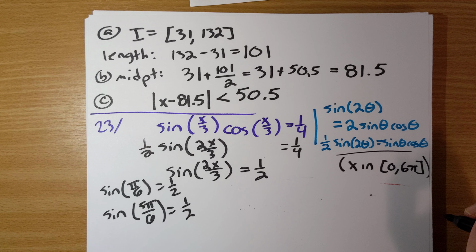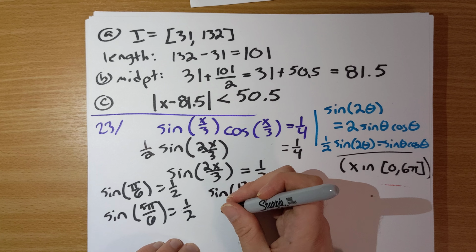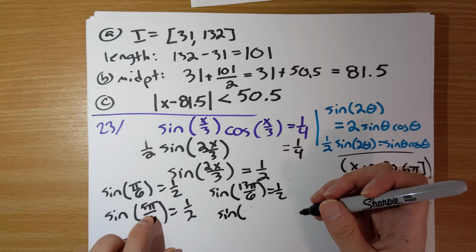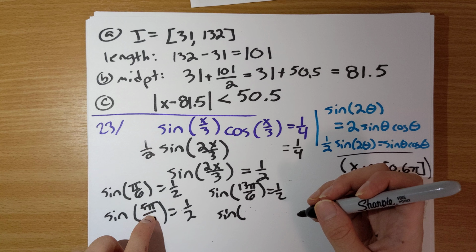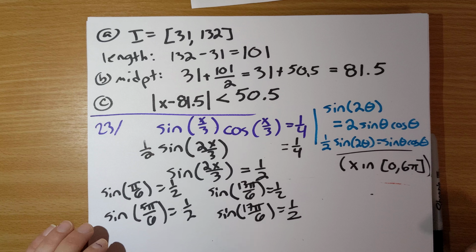So for example, sine of, add 2π to π over 6, you get 13π over 6, is 1/2. Sine of 5π over 6, add 2π to this, 12π over 6, you get 17π over 6 is equal to 1/2. So this is how we can churn out as many values of θ that give us sine of θ is equal to 1/2.